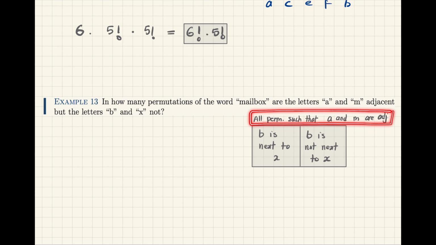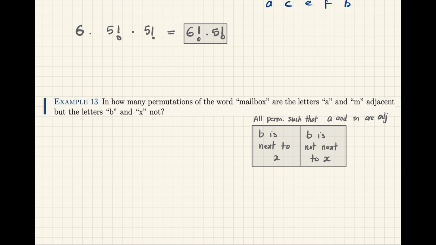Among these, I can divide them into two groups. One group is where, on top of A and M being adjacent, B and X are also adjacent, and another group is where even though A and M are adjacent, B and X are not.